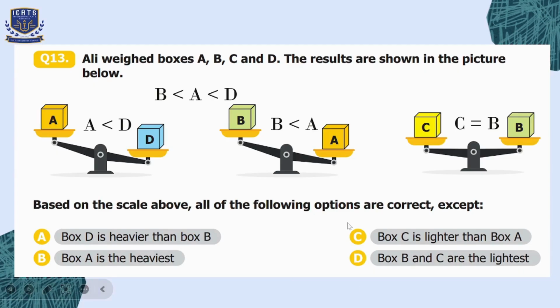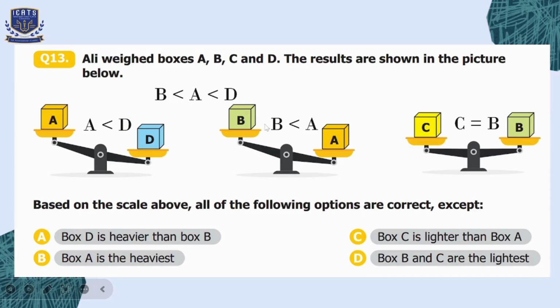So let's check the other options as well. Box C is lighter than box A. If box B is lighter than A, then box C is also lighter than A because the weight of box C and B is the same. So yes, C is also a correct statement. Now option D, box B and C are the lightest, which is correct.